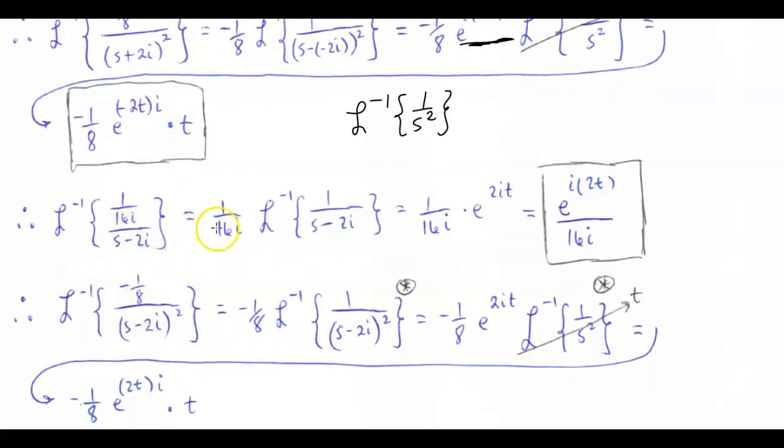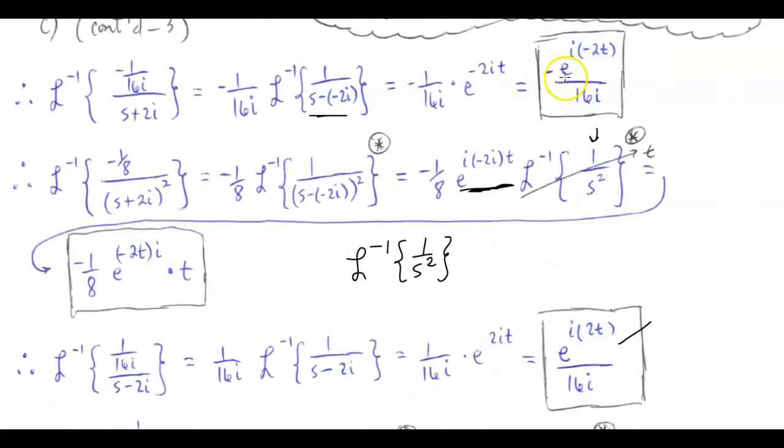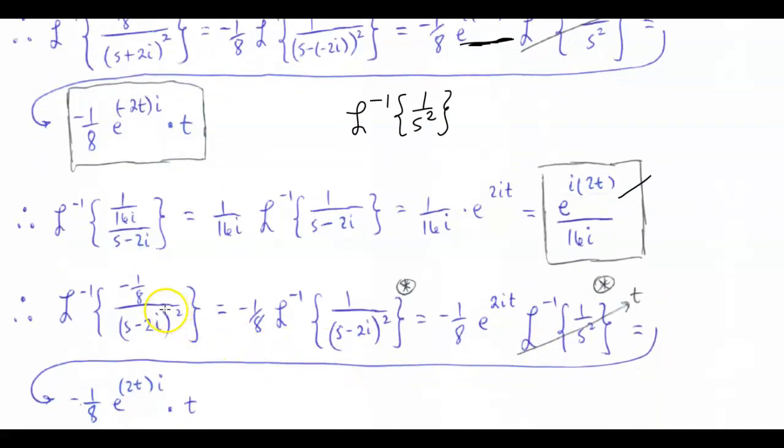For here, I take out the constant 1 over 16i, and take the inverse Laplace transform of 1 over s minus 2i. Of course, the inverse Laplace transform of this is just going to be e raised to the i alpha t, and we see that this is basically the conjugate of the first term.